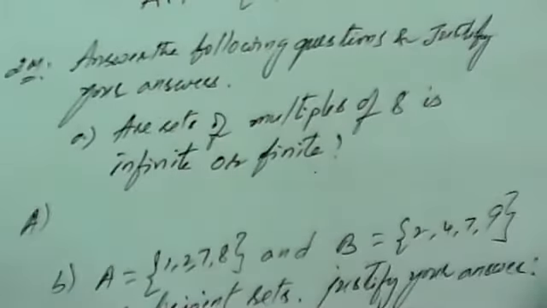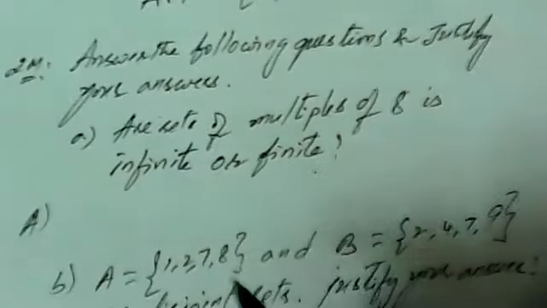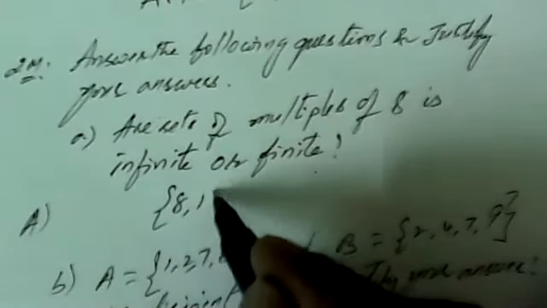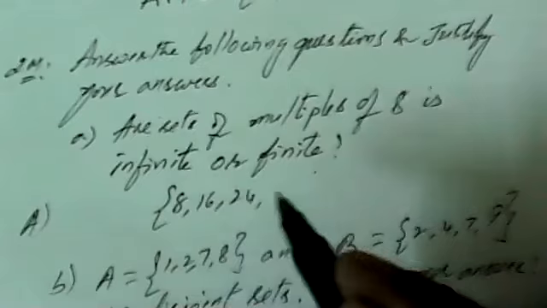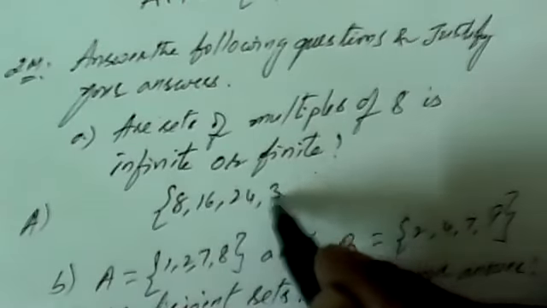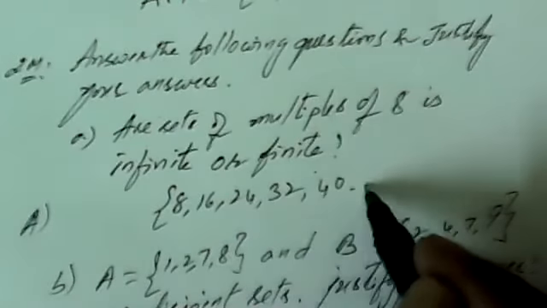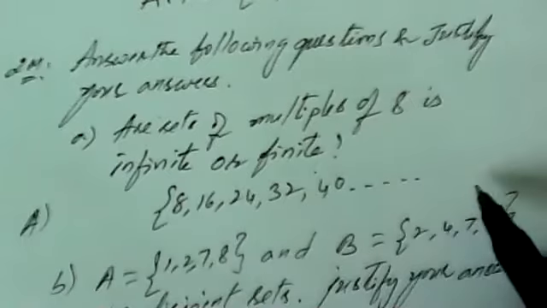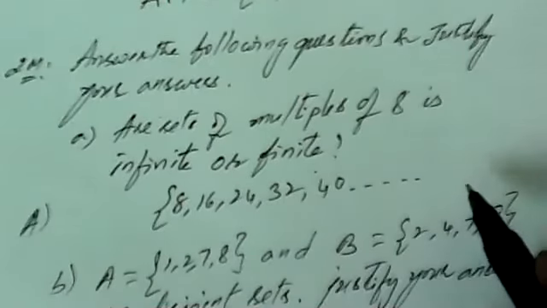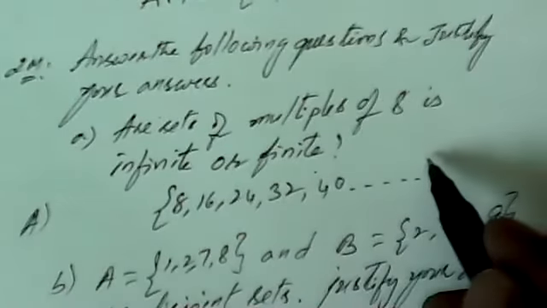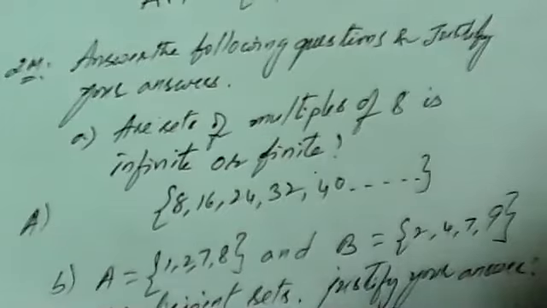Multiples of 8 means what? 8 ones are 8, 8 twos are 16, that means 8, 16, 24. 8 fours are 32, 8 fives are 40, like that it goes on. There is no end for the multiples, so it goes on infinitely. So what is your answer? This is an infinite set.